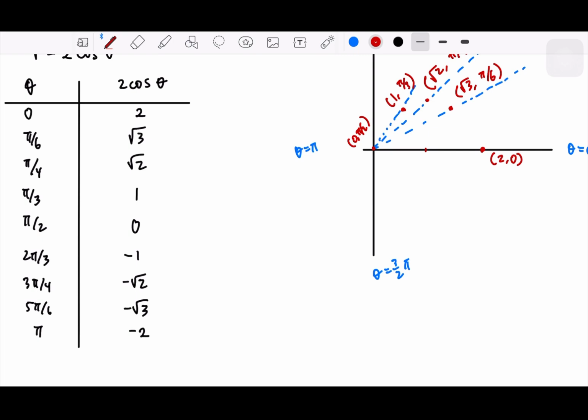But it's negative, so it should be going here. Okay? Get it now? So it's going back to here, around here. And notice that because it has the same value, it should be mirroring exactly the same positions. So it will be mirroring this and the other one here, here. And then if you connect all these points, we will have a circle.